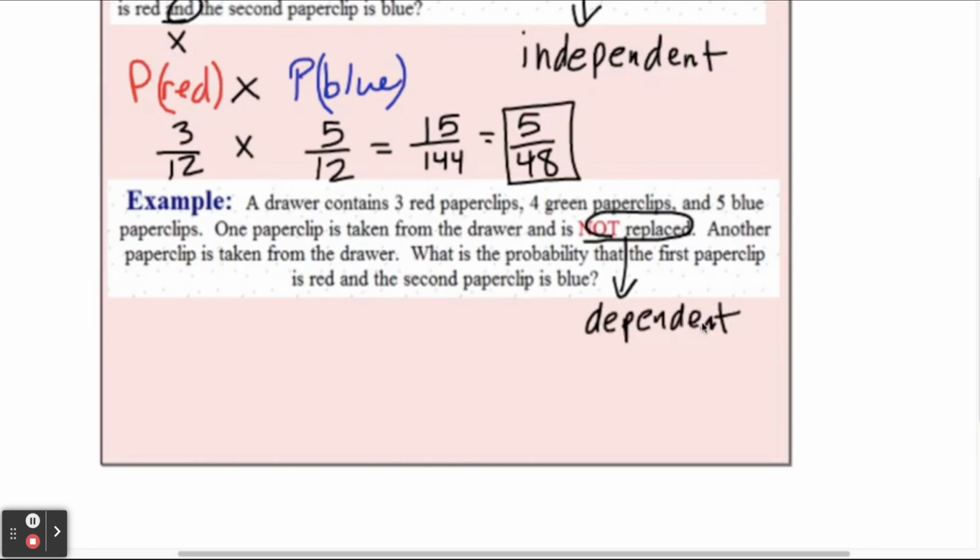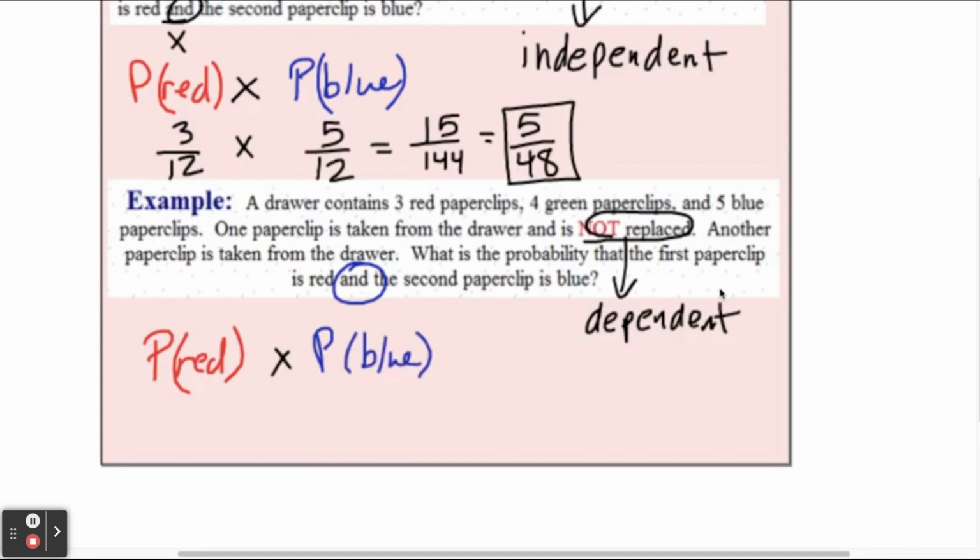And honestly, you don't even really need to spend too much time trying to remember what independent and dependent necessarily mean if you can think about these scenarios logically. Here's what I mean by that. Let's set up the same type of problem. It's still an "and" problem, so I'm going to take the probability of red and multiply it by the probability of blue.